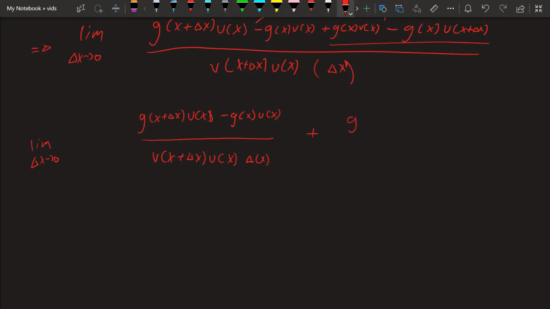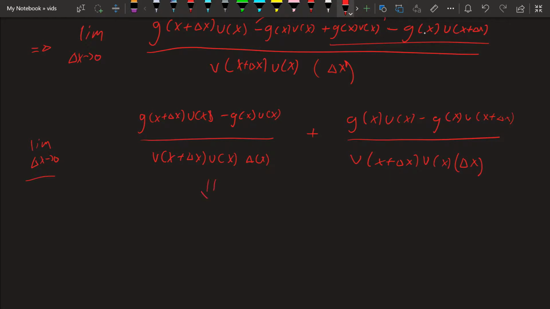So we're going to get g of x v of x minus g of x v of x plus delta x over v of x plus delta x multiplied by v of x multiplied by delta x, and there's the limit.